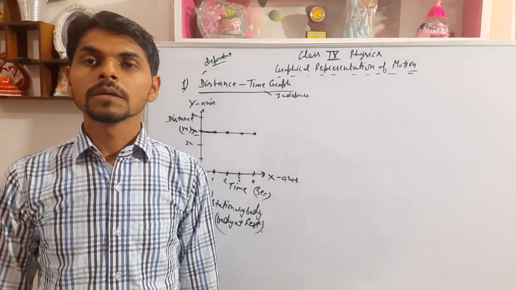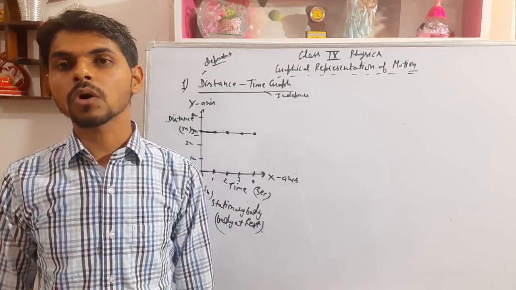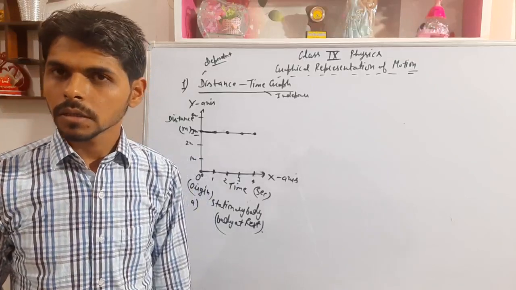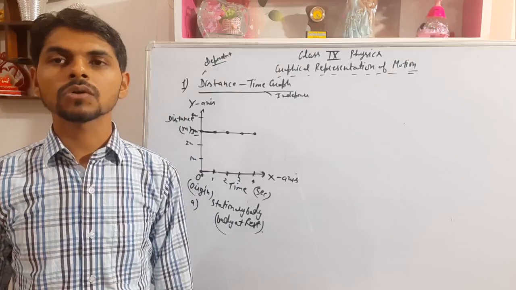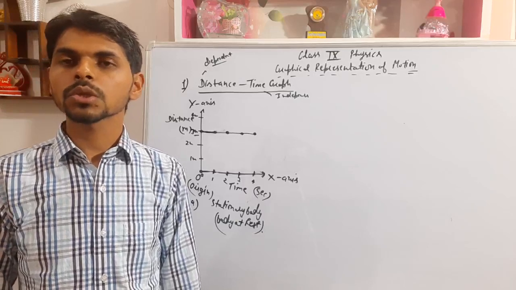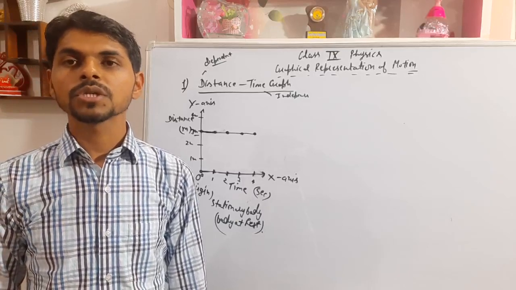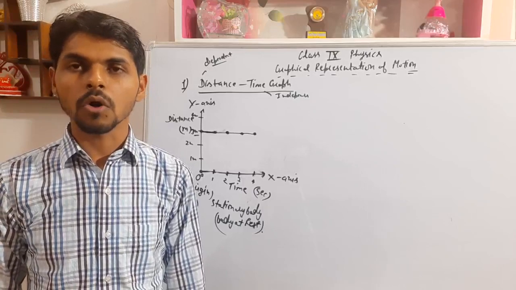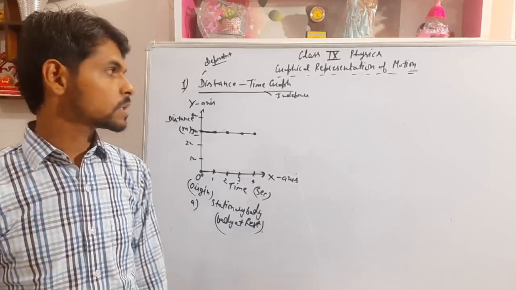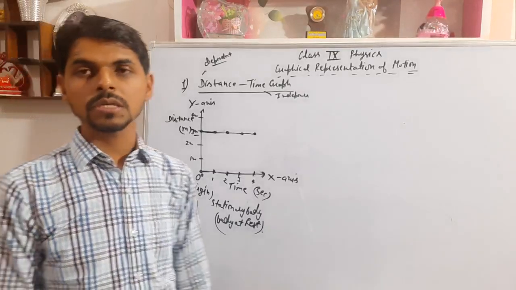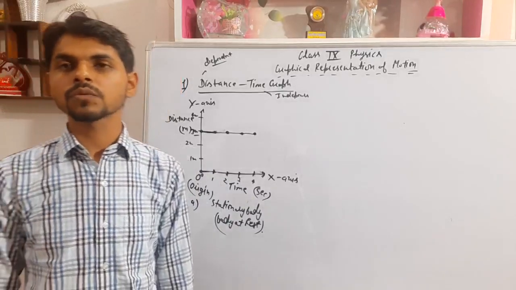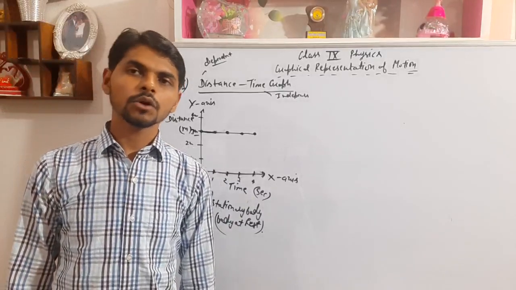Some of the things in your house are always at rest. So time is changing, but they are not changing their position. So this graph is representing the position of those bodies around yourself and around myself also. So this is the first situation in which we can draw the distance time graph. I hope you all understood.